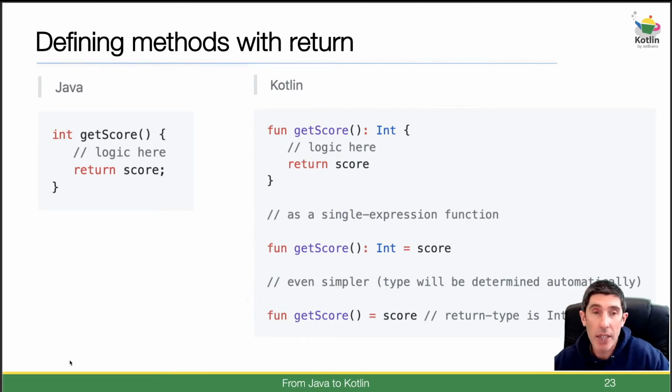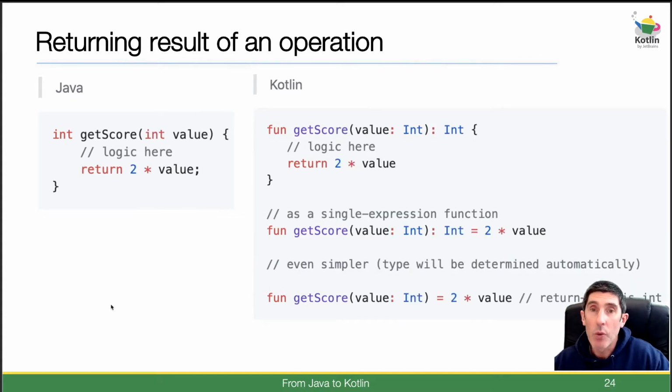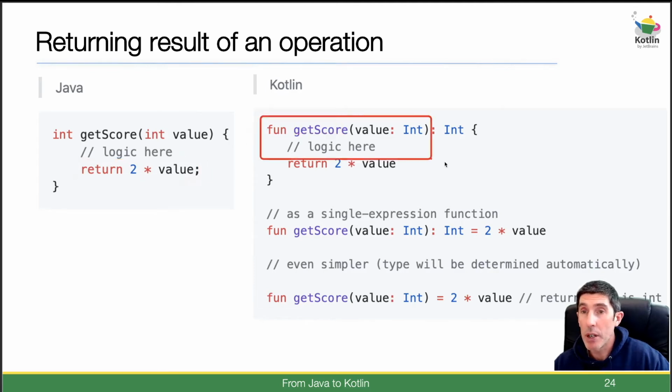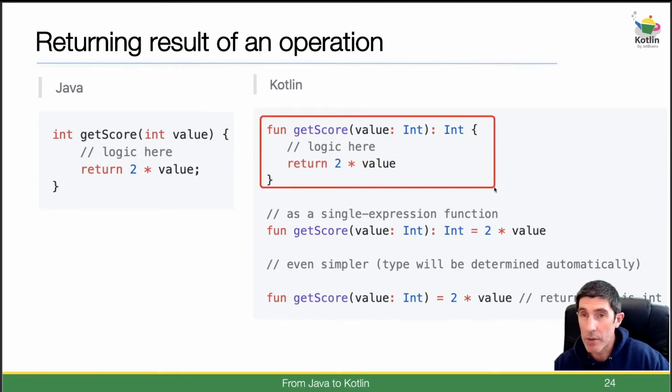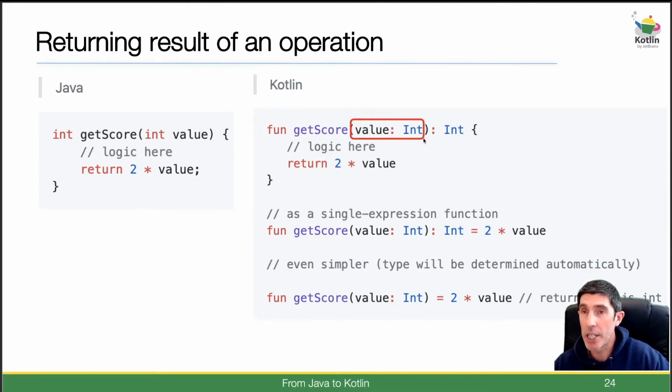Okay, and we can even take that a step further. If we want to work out a value, so here we pass something in. In our Java days, we'd have said return 2 times that particular value. So a value gets passed in, we just multiply by 2, return it. Something similar to begin with anyway in the Kotlin world. So we have specified that an integer is getting passed in, an Int is getting returned, and then we work out our logic and return it.